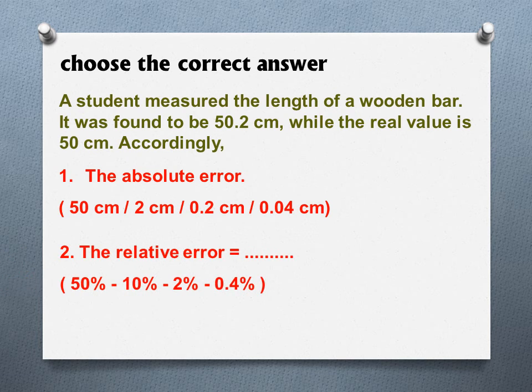To find the relative error or percentage of relative error, you divide the absolute error 0.2 over 50 centimeters as the real value, 0.2 over 50 times 100, and you find 0.4 percent. So the relative error is 0.4%.